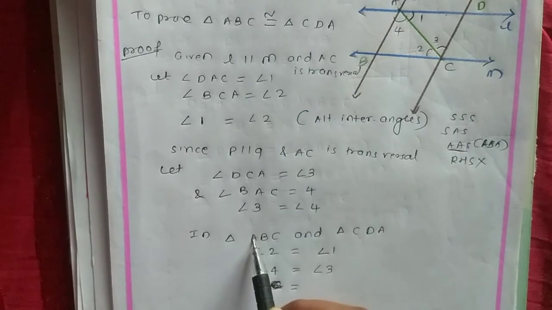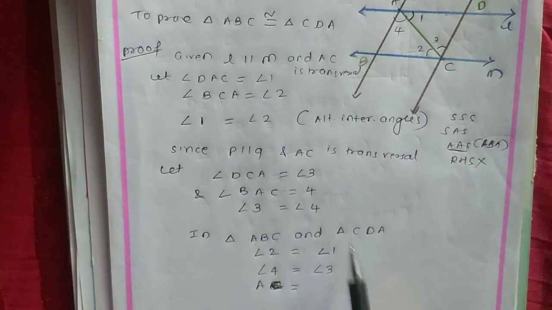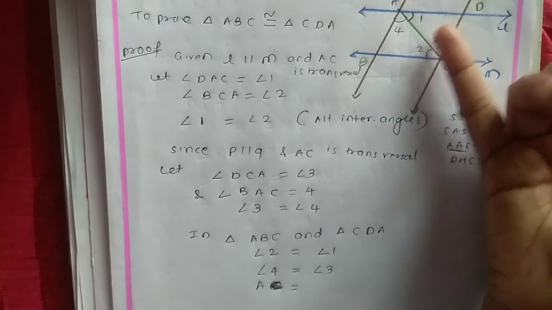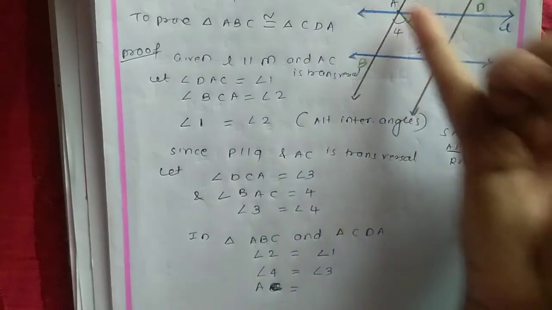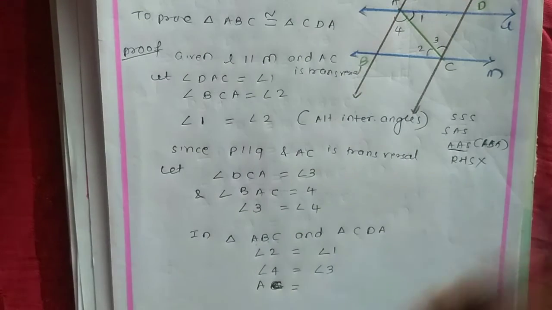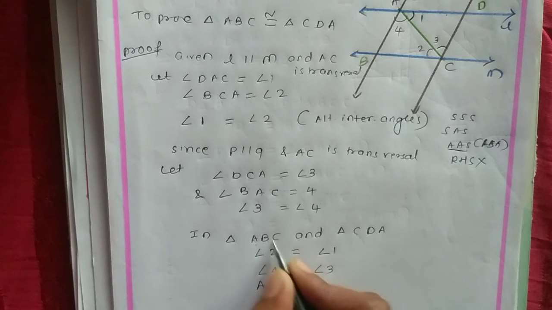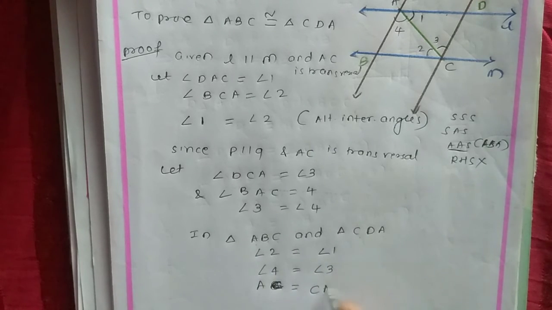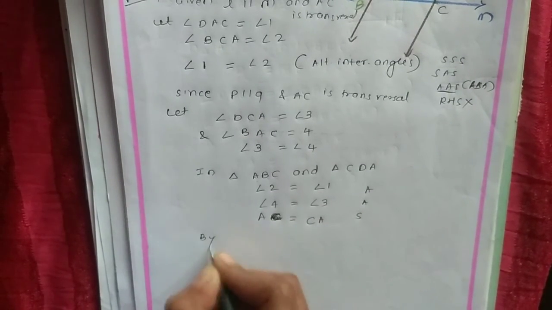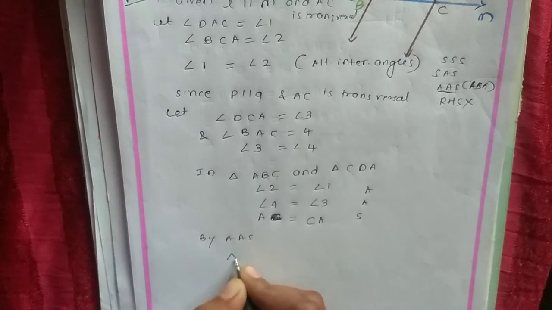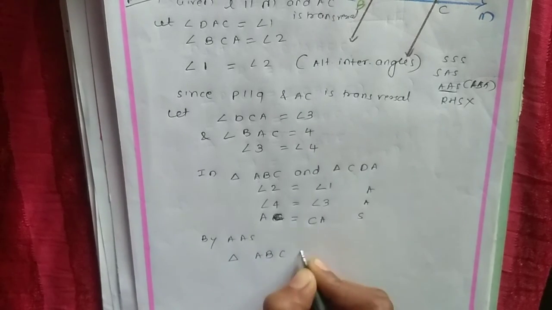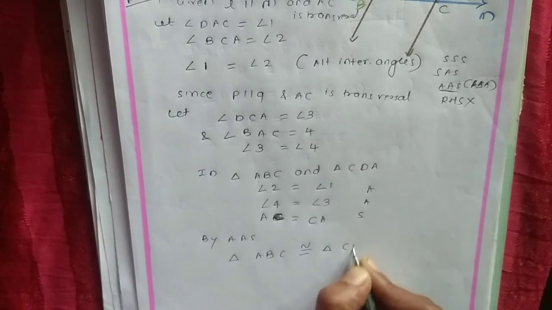So in this triangle, this vertex A will fall on C of triangle CDA, so A you have to replace with C, and C of this triangle we have to replace with A. So this is by AAS, isn't it? Two angles and one side. So by AAS, triangle ABC is congruent to triangle CDA.